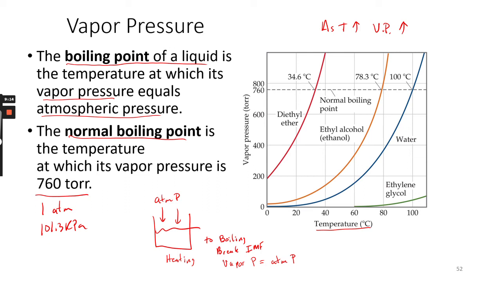Lo and behold, the normal boiling point for water is 100 because it's at that pressure. If you change the pressure, then the boiling temperature will change. If you lower the pressure, you're now boiling at a temperature lower than 100. If you do what a pressure cooker does, increase the pressure, you're now boiling at a temperature higher than 100.